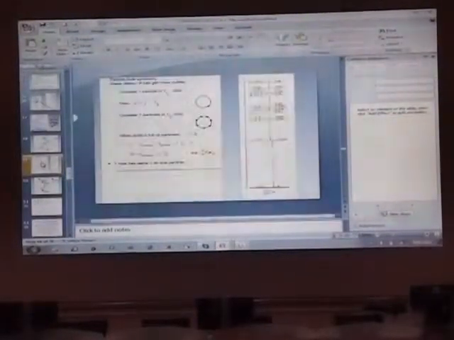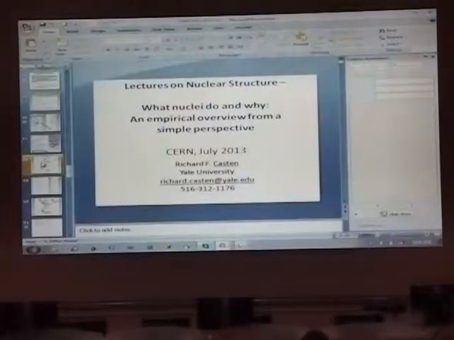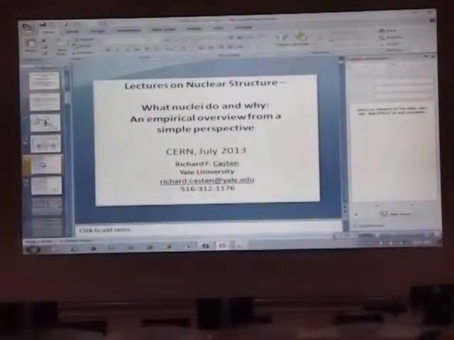Maybe you could show the slide where you got this transition between harmonic oscillator and what happens when you have this spin orbital term. No, I want to show a different one. Just give me a second.